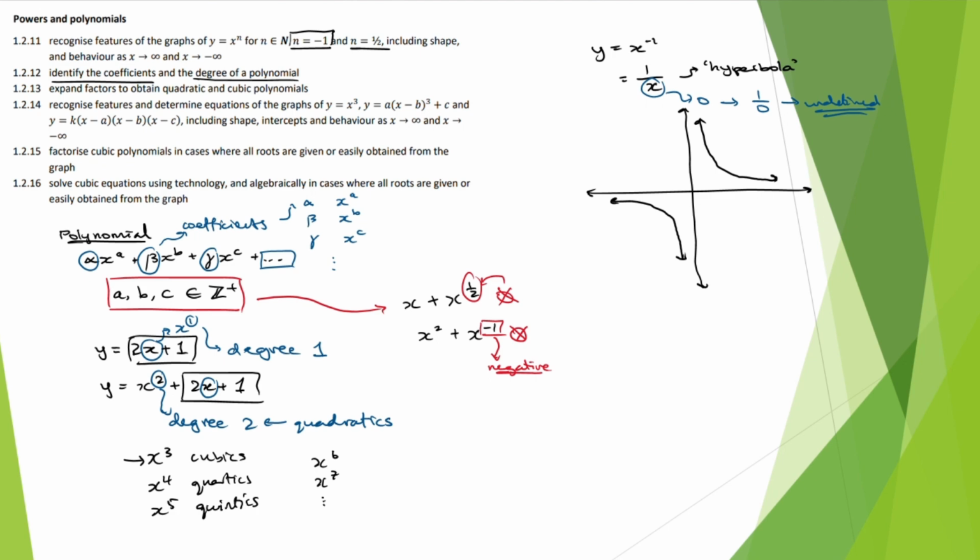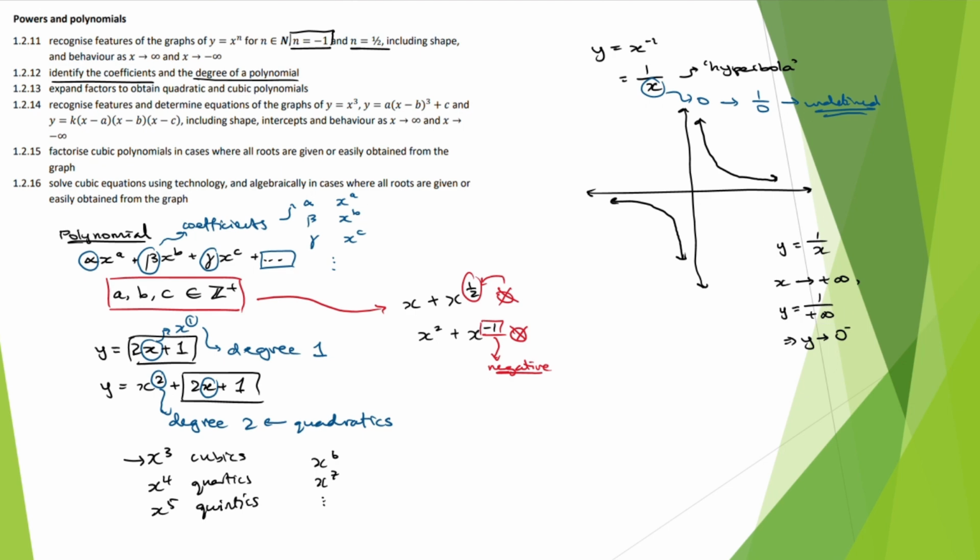Okay? And if we consider x tending towards positive infinity, if we have y equals 1 over x, then we have y equals 1 over positive infinity. And so y starts tending towards 0, because we have 1 divided by a really, really big positive number, which gives us a really, really small positive number.